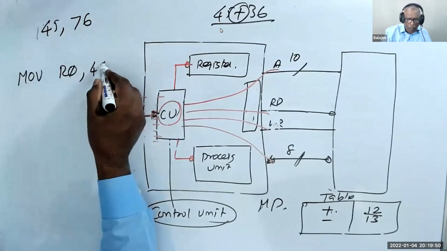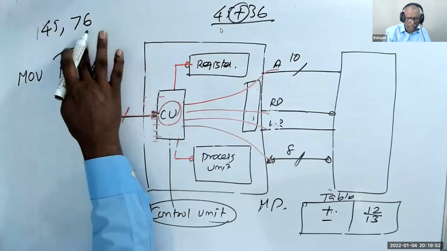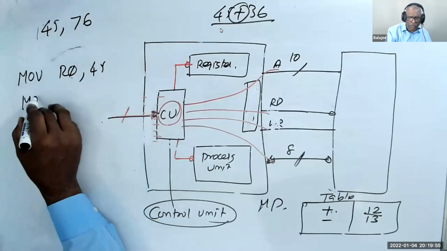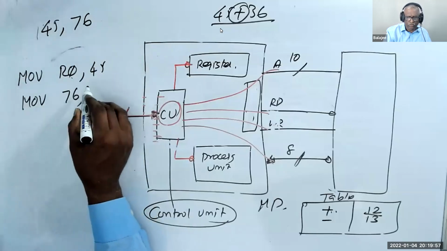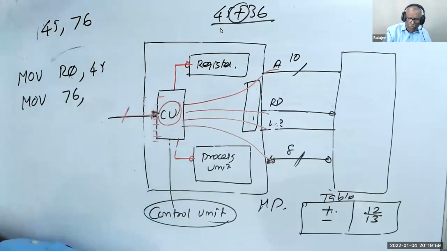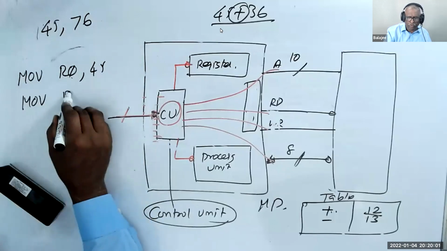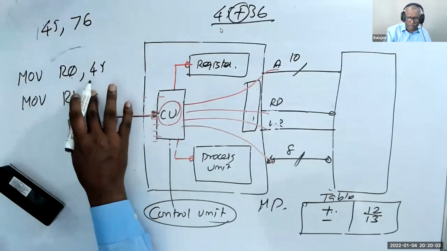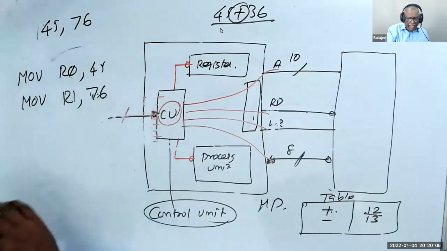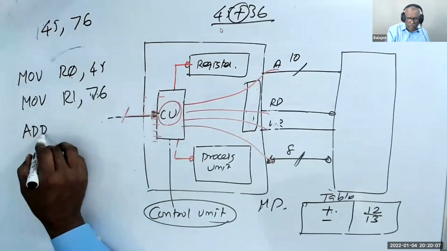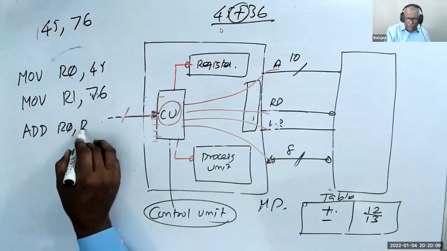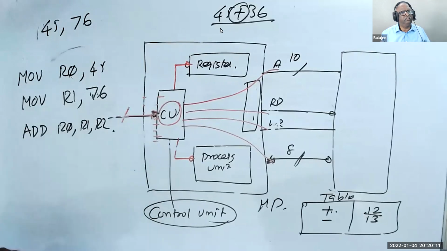I'm moving 45 to R0. I say move R1, 76. I say add R0, R1 into R2. That is done.